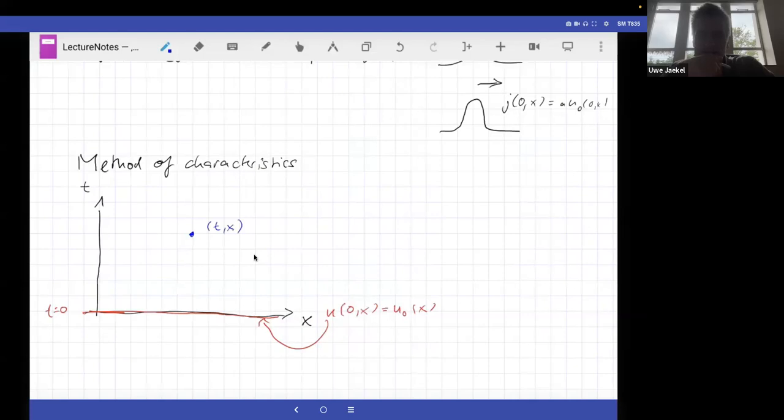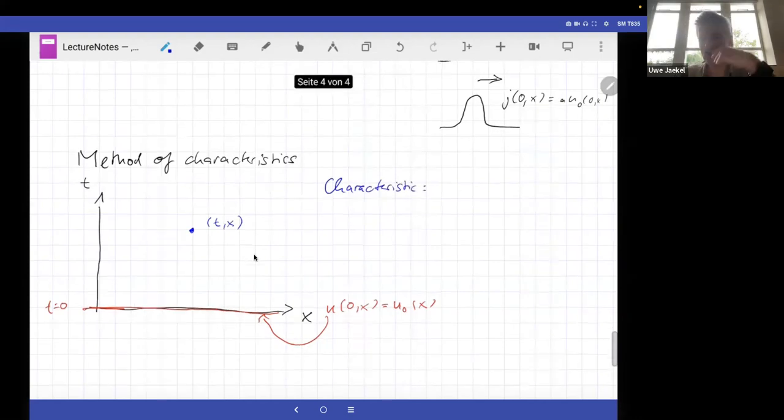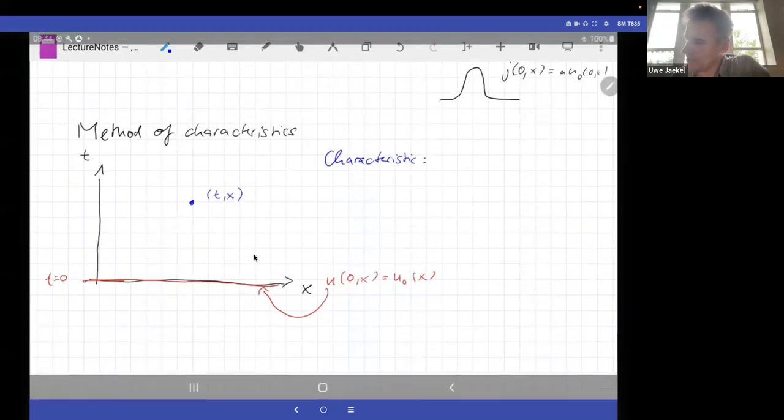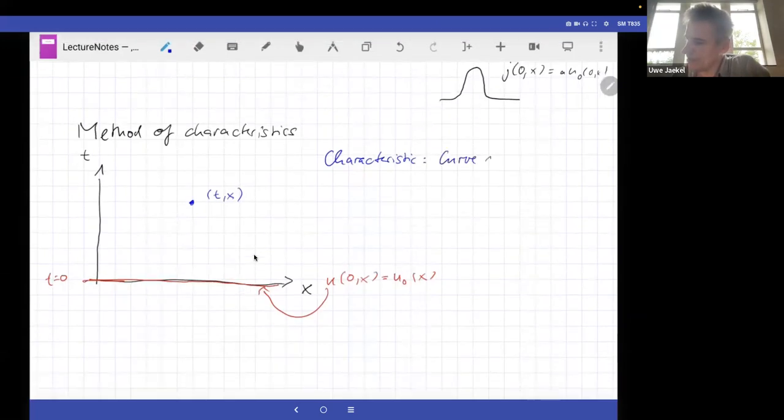And now the idea is that the characteristic is a contour line, a curve in the t-x space along which u is constant.